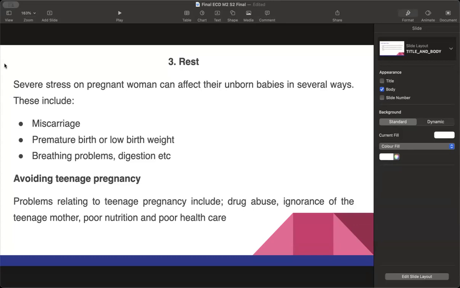So as an ECD facility, and somebody who is pro-life and pro-dignity for children and for mothers, it's going to become part of our advocacy plan in our centers to advocate against teenage pregnancies. All right. Although it has become such a norm in today's society, it's not something that we should take lightly.